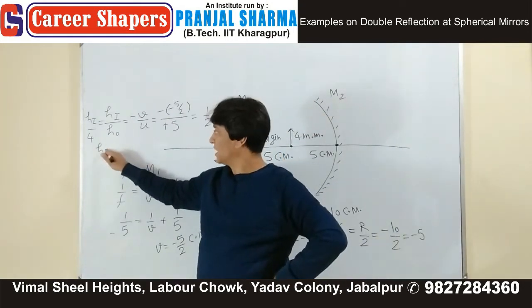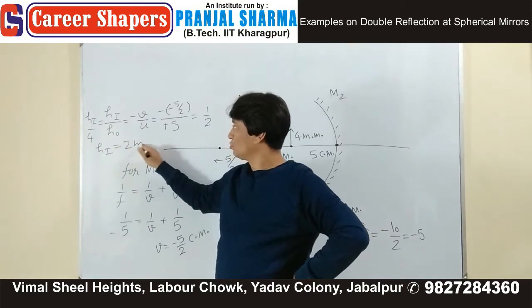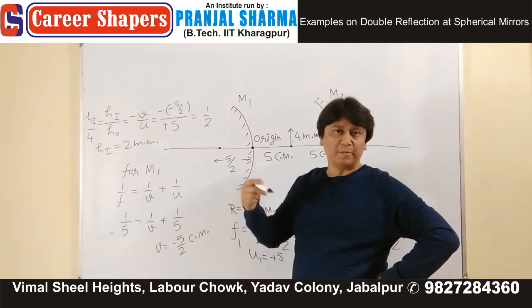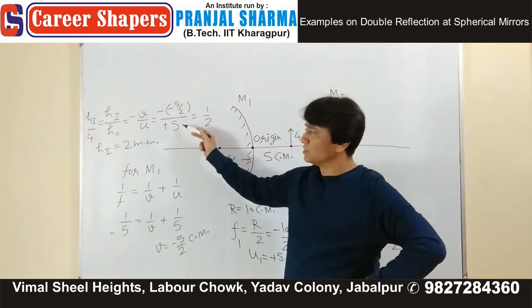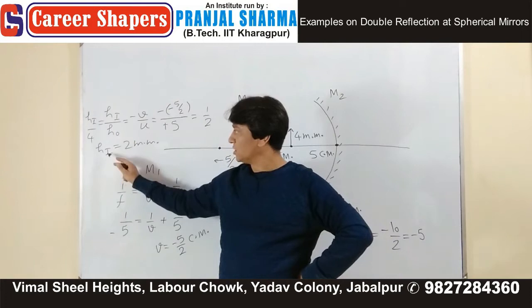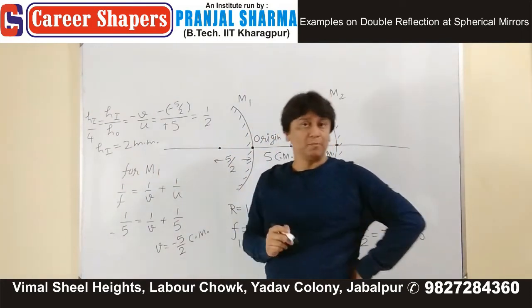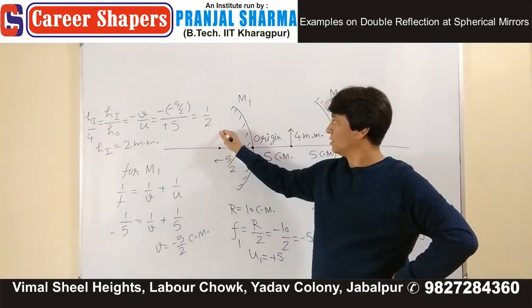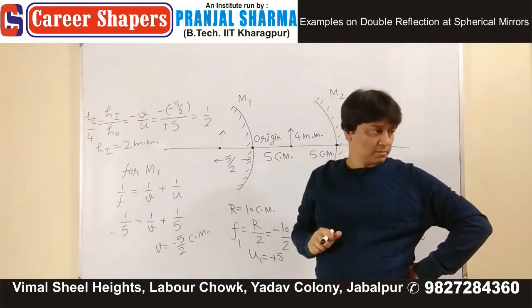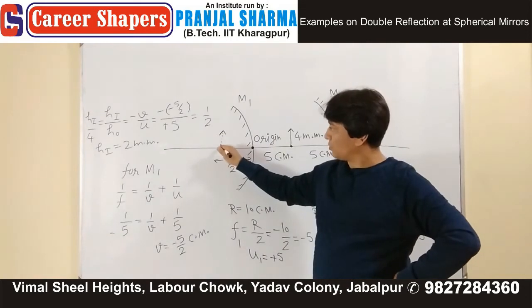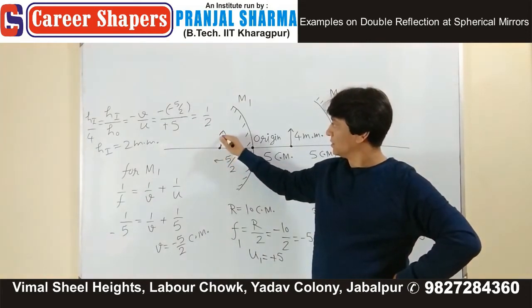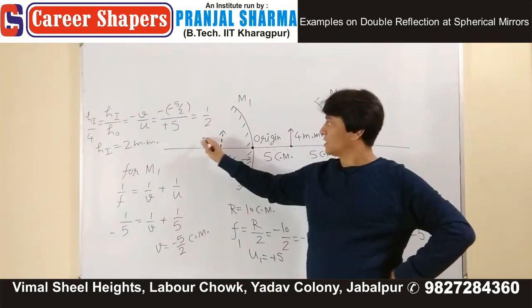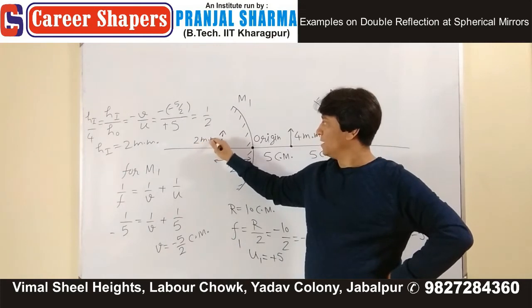This gives us HI as 2 mm. And I've already told you that you don't have to convert millimeter into centimeter because this is centimeter upon centimeter. This is millimeter, and therefore HI you directly get in millimeters. So here lies your image, which I have shown with broken lines. This height is 2 mm.